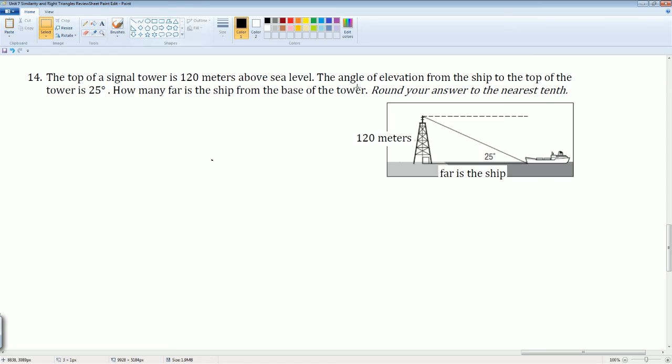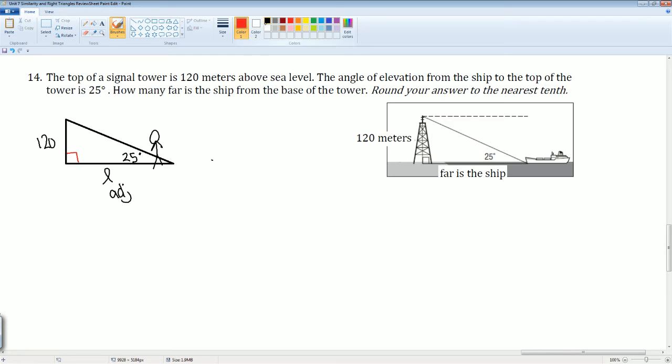So we set up the triangle. It looks something like this. The tower is 120 meters. The angle here is 25 degrees. We do not know how far that is, so I'm going to use the letter L for length. Now we can label it. The length is our adjacent because that is our closest one.